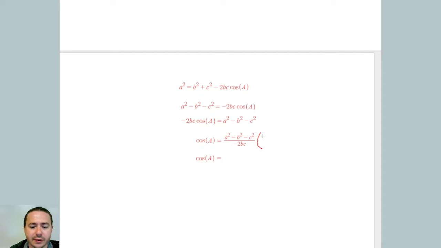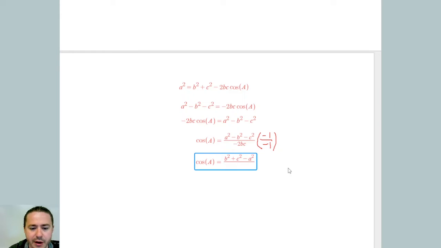And I think the reason that publishers will do this is so that you have fewer negative signs in here. Multiplying by negative 1 over negative 1 is just the same as multiplying by 1. And so what you'll end up with is the b squared and the c squared will end up being positive, and then we'll have minus a squared all over 2bc.